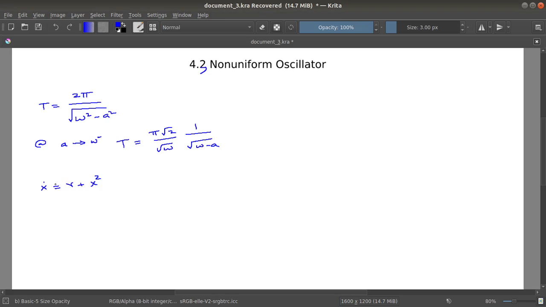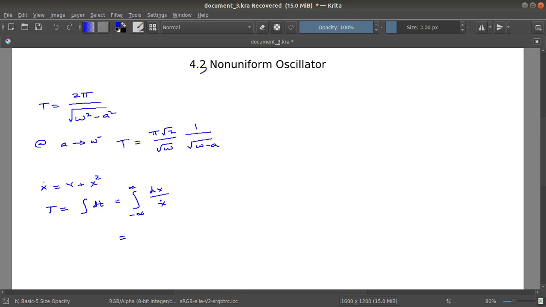So this is my normal form for saddle node bifurcation, and the time period, which is the integral of dt, is equal to the integral from minus infinity to infinity of dx by x dot.